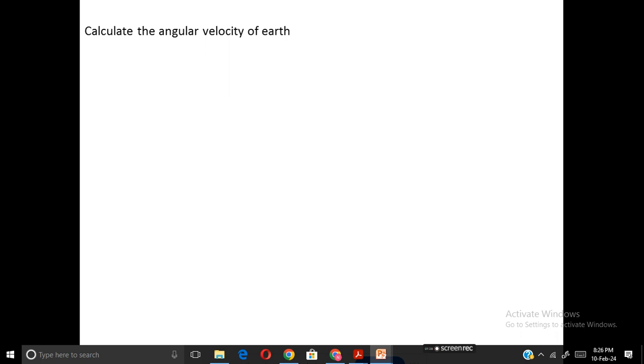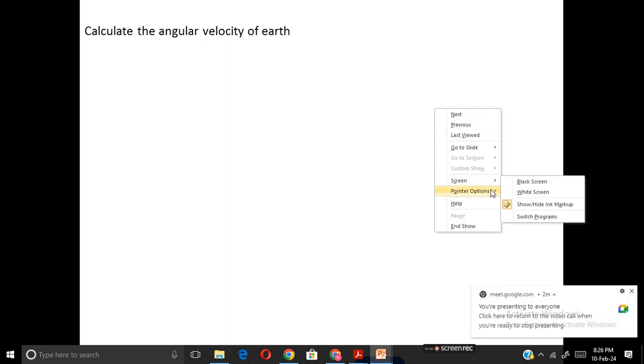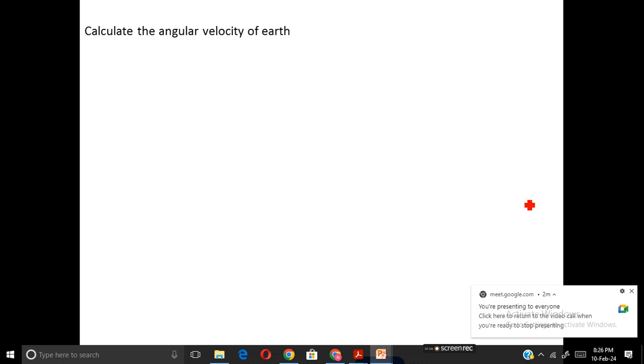So now let's see another interesting aspect, which is the angular velocity of the Earth. When we consider our Earth moving, it is revolving around the sun. At the same time, it is rotating along its own axis, right?